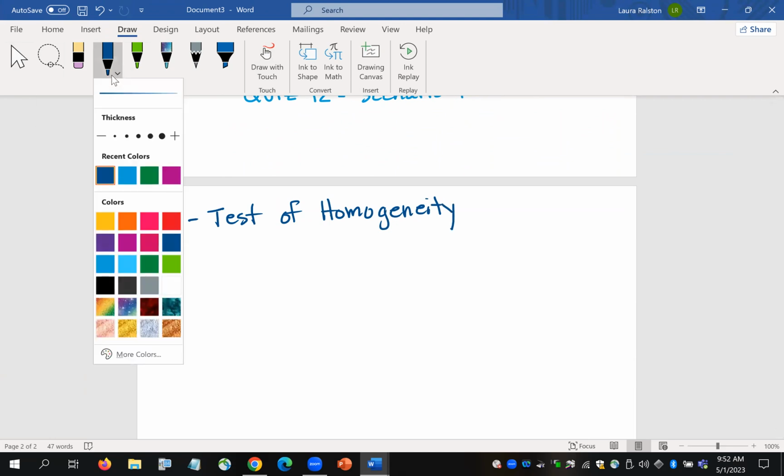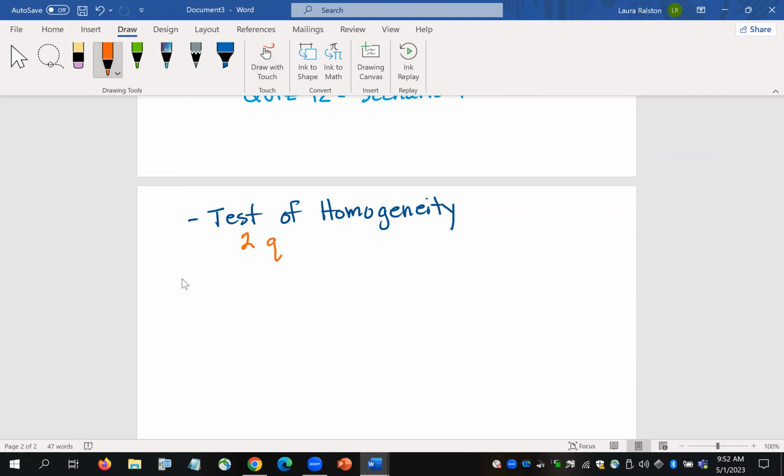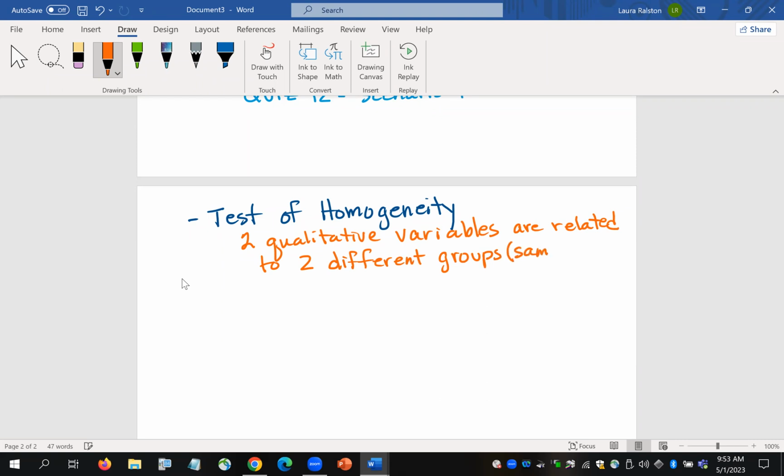Okay, with test of homogeneity, you still have two qualitative variables, but those two qualitative variables are related to two different groups or samples.